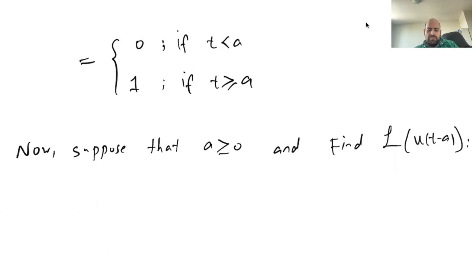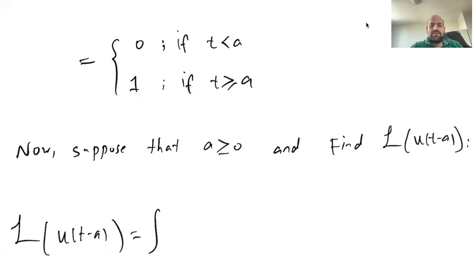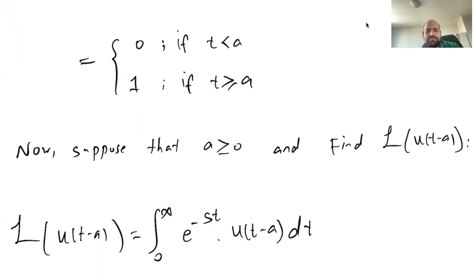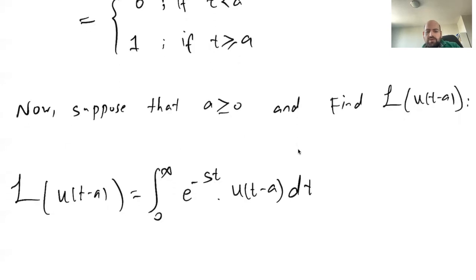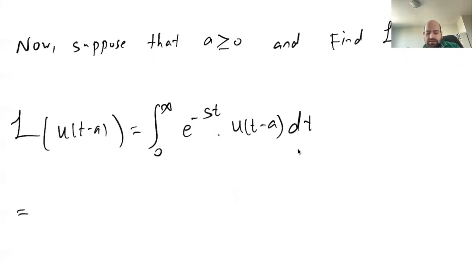So the Laplace transform of u of t minus a will be equal to the integral from 0 to infinity of e to the power minus st times u of t minus a dt. Let me break down the integral: I can write it as the integral from 0 to a plus the integral from a to infinity.